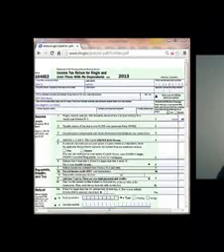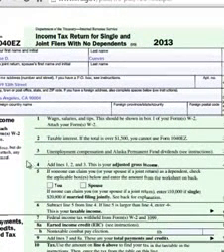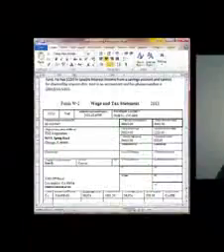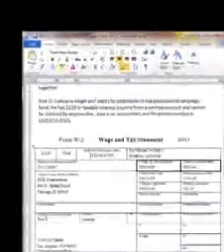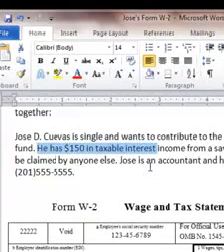Taxable interest is number 2, okay. You can see if this total is over $1,500, you cannot use Form 1040EZ. But we know from our information that we saw before, okay, that Jose has $150 in taxable interest income from a savings account.